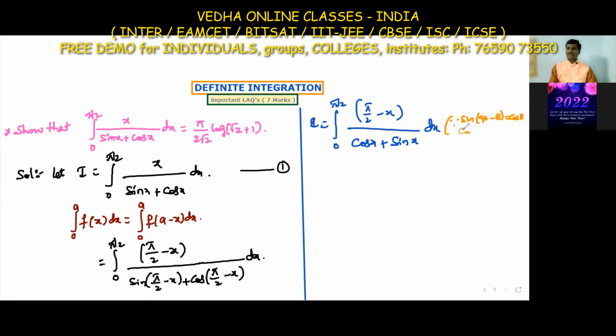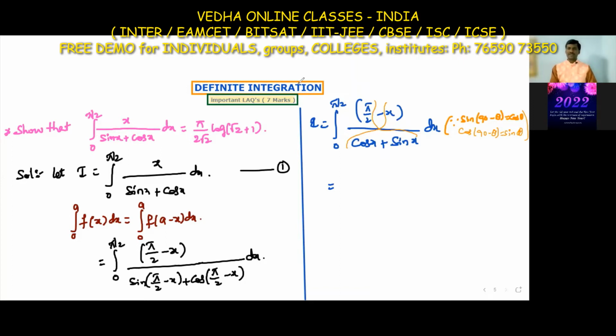So if we apply this formula, the denominator is cos x plus sin x.